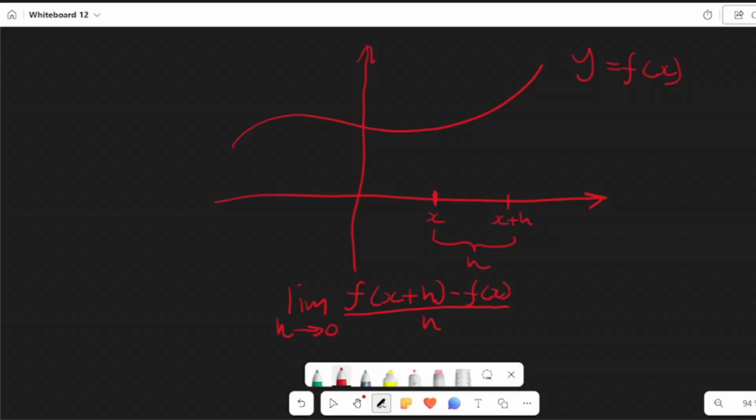And what we are doing is taking the difference of the y-coordinates, f of x plus h minus f of x, which is just going to be this little part here. Then we're dividing this by our difference. It's just the equation for how we determine the slope of a linear function.